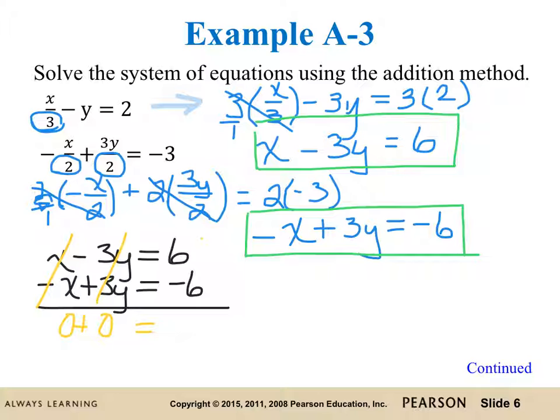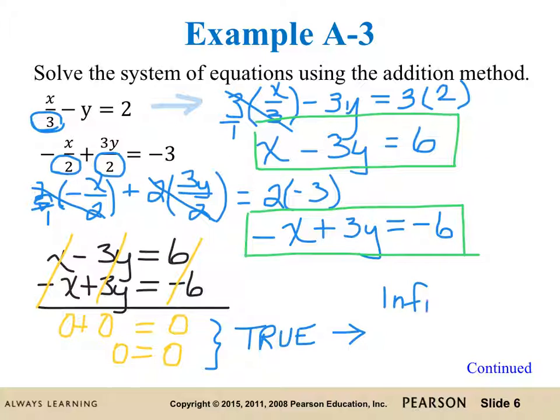But again, 6 minus 6 gives us 0, and 0 is in fact equal to 0, which we know from previous solution methods tells us that this is a true statement, but it works for all values of x and y, so there are infinite solutions. And that's because the lines, if you were to graph this system, are actually the same line.